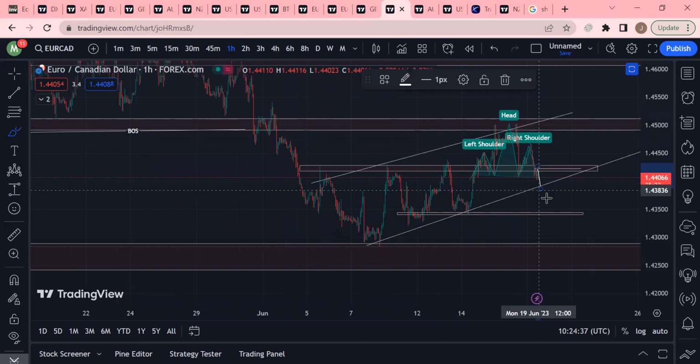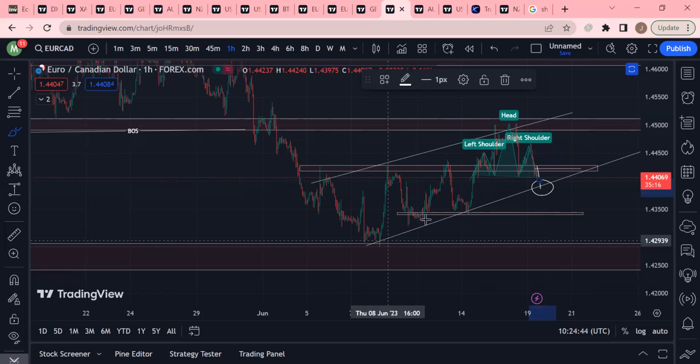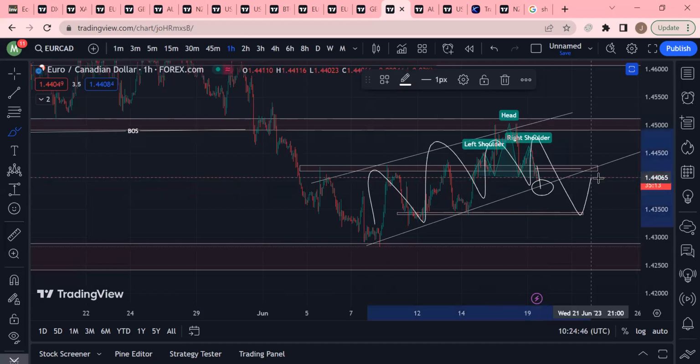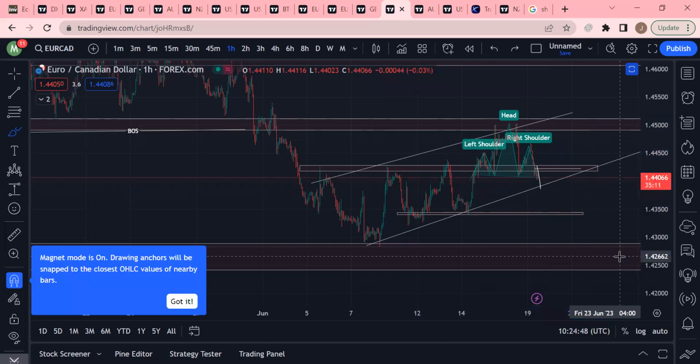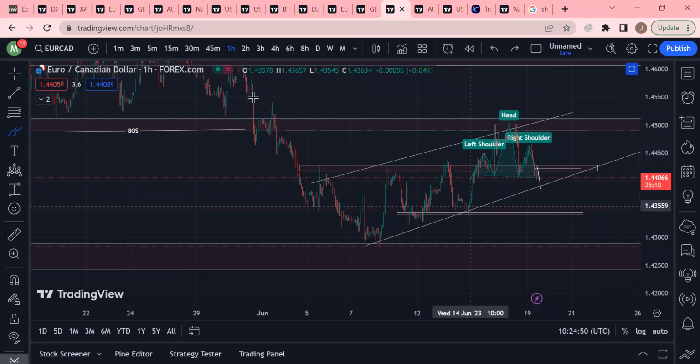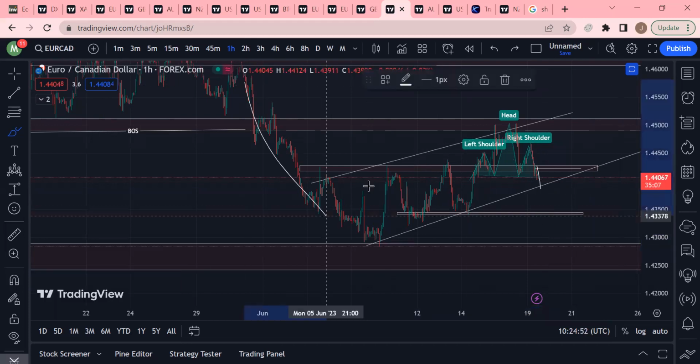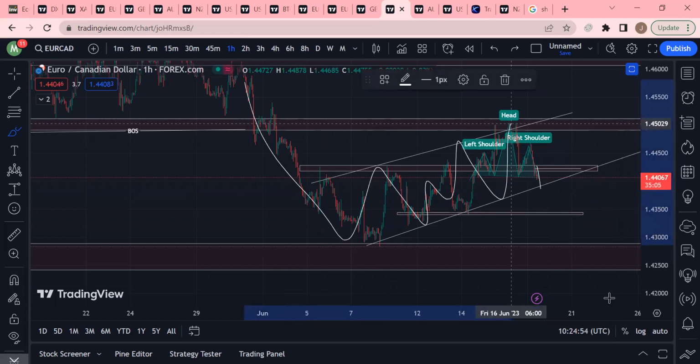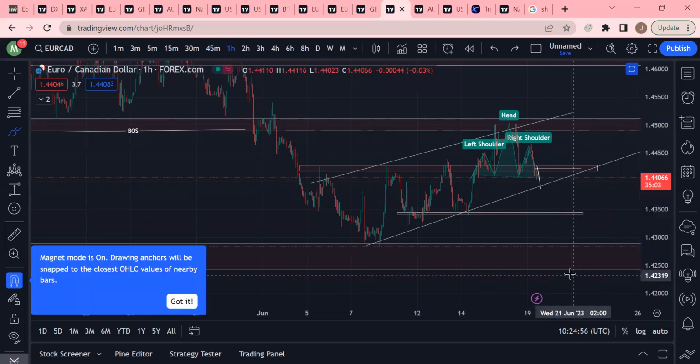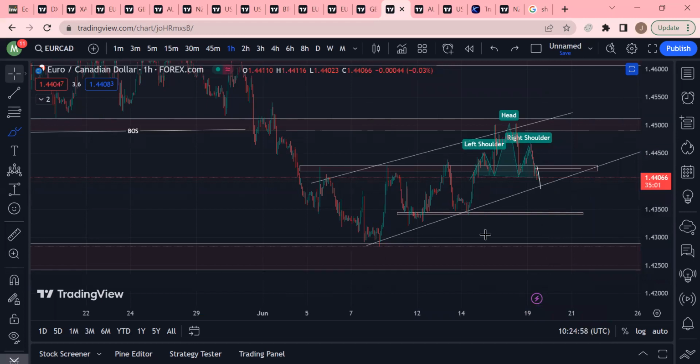Then we are breaking the ascending channel, a break and retest to the downside. That's 5. Then we have the 6th one, which is called the drop-base-drop strategy, 6. So we have 6 confluences. That's enough for us to see that we have a very good A+ setup.